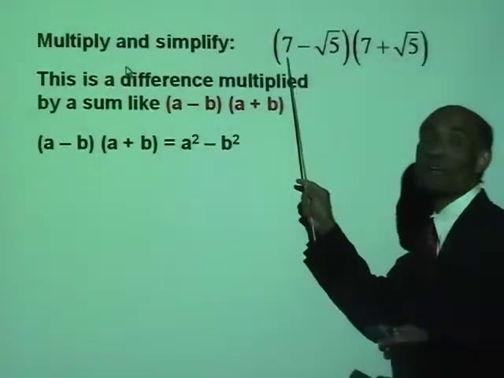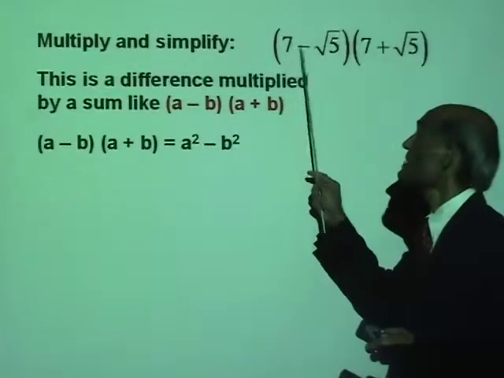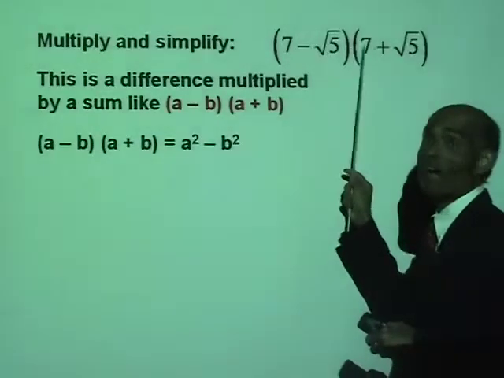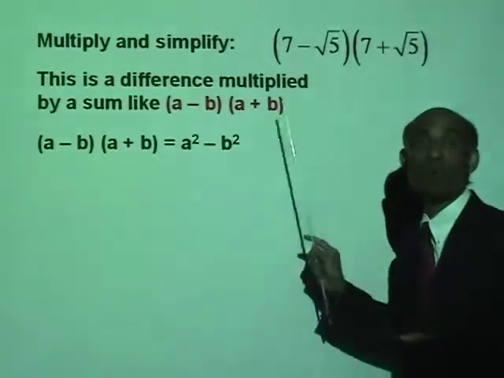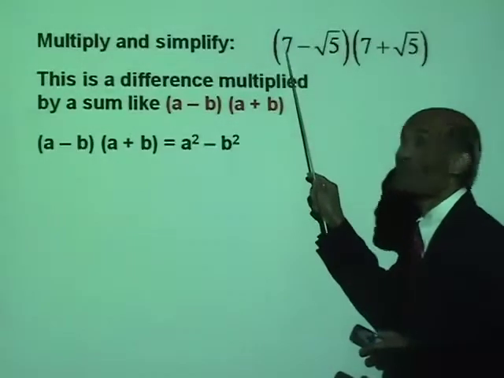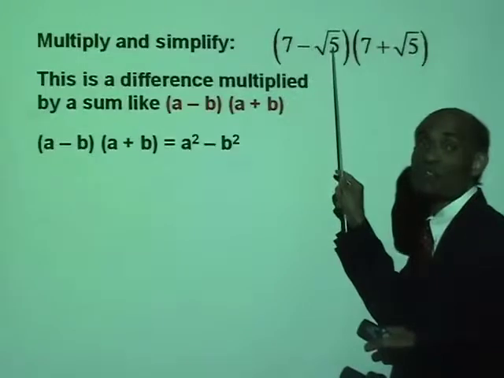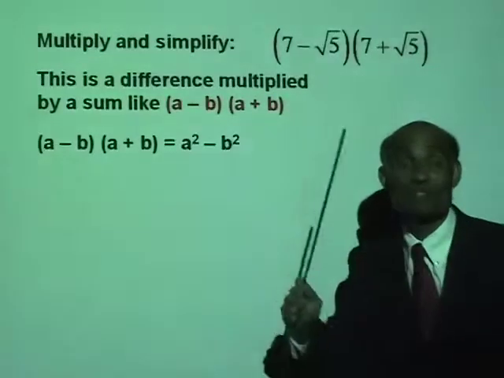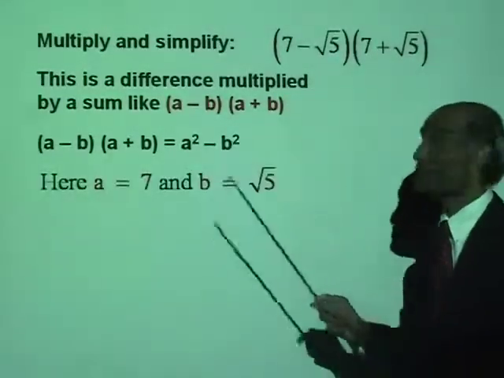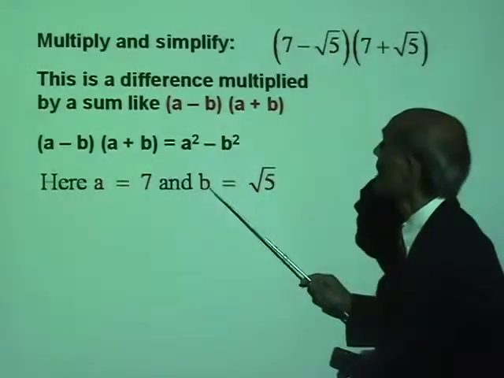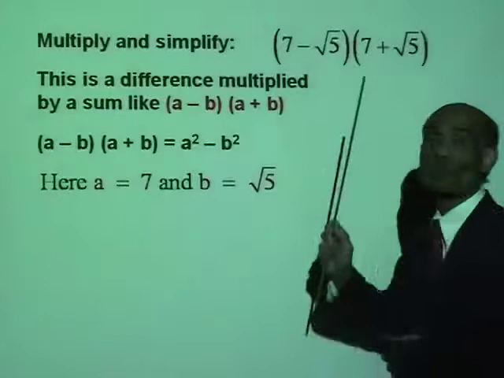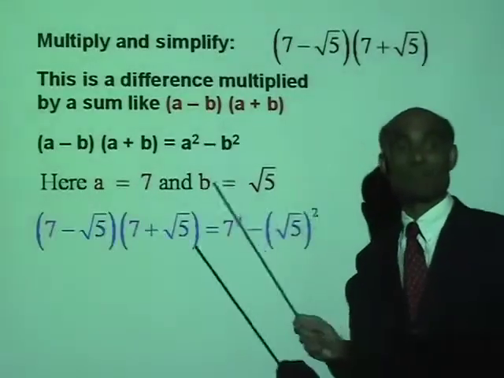Okay, can you tell me then what will this be? 7 minus square root 5 times 7 plus square root 5 will be the square of 7 minus the square of square root 5. So in this case, a equal to 7 and b equal to square root of 5.